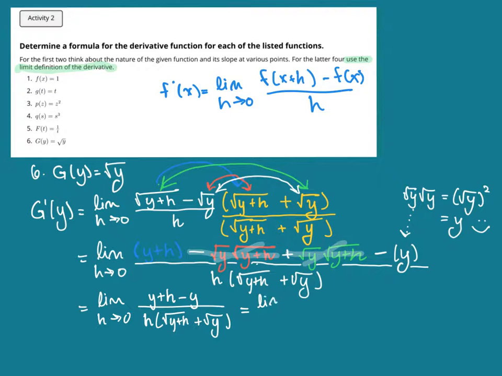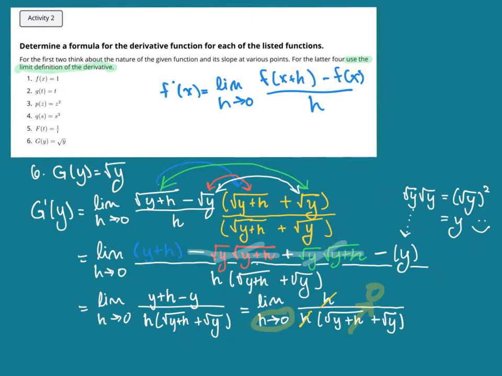All right, so that's the limit as h goes to 0 of h over h times the square root of y plus h plus the square root of y. We celebrate. H and h can cancel, and we can let h go to 0. We can evaluate that limit at long last.